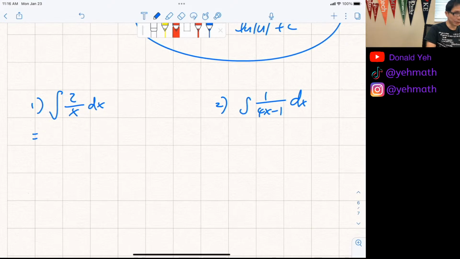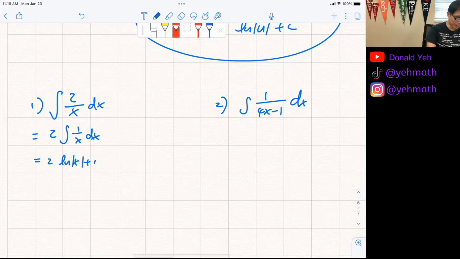So for integration of this one, all you gotta do is take out the 2 because you get to that format. It will be 2 ln of absolute value x plus c. Do you guys get this? 2 is a constant. Anytime you have a constant, you can always get it out.